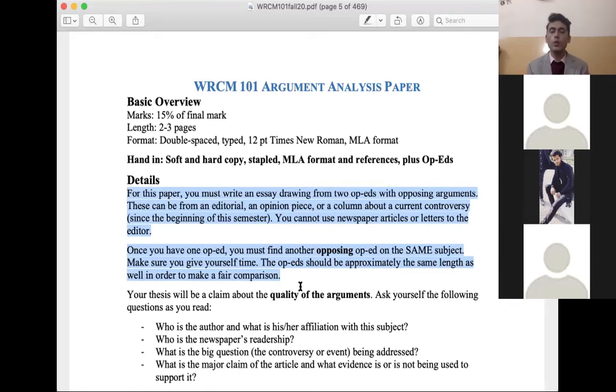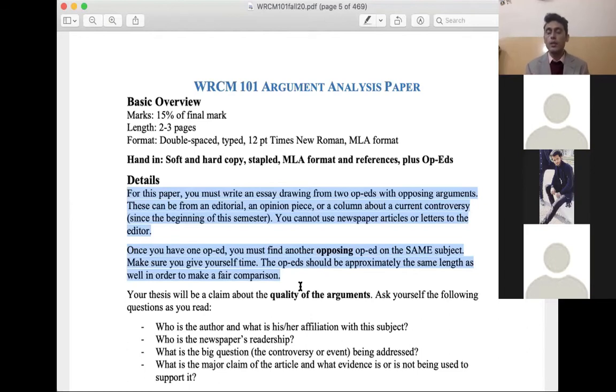There is a huge variety of those topics. But it should be a topic on which you are able to find an opinion piece as well. It could be on climate change also, global warming. So one editorial on a topic in which you are interested.